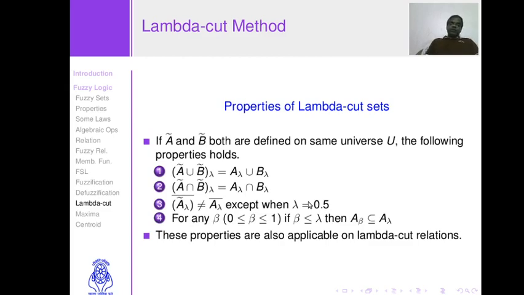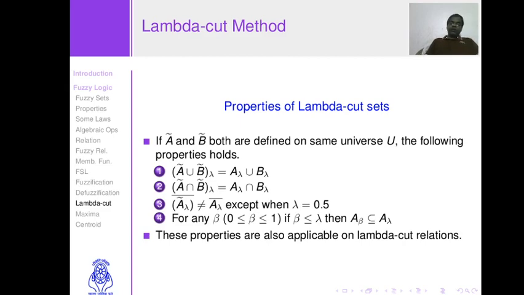These are some properties of lambda cut sets. I am not going into the details of these properties because they are very simple and we have discussed these types of properties in other cases also. The same properties are also followed by lambda cut relations.